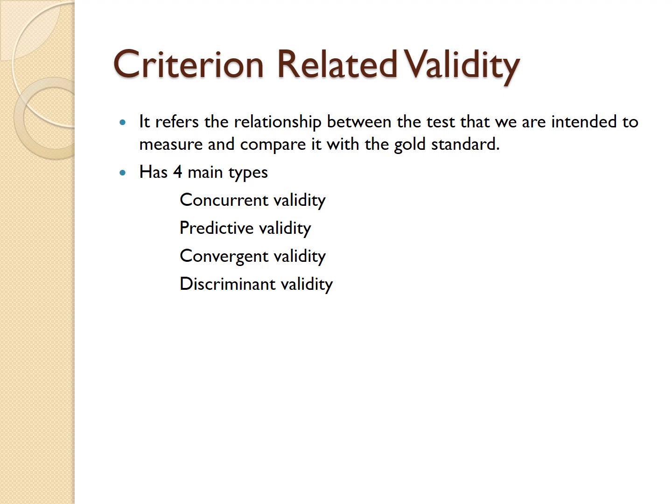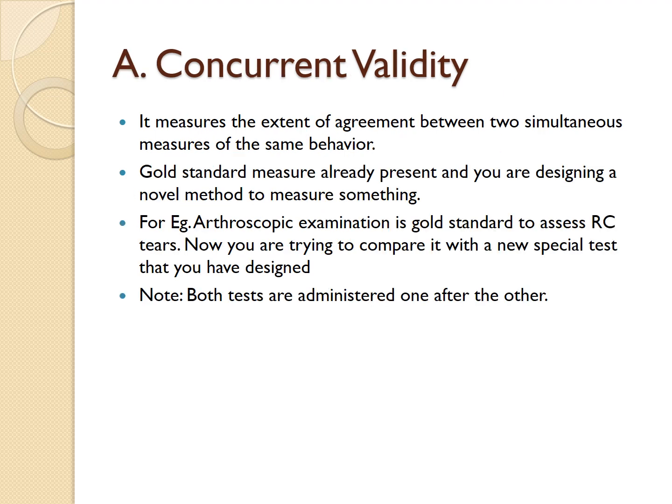It is usually determined by comparing two instruments' ability to predict similar outcomes with a single variable being measured. And it has four main types: concurrent validity, predictive validity, convergent validity, and discriminant validity. We'll talk about all four of these. So let's go to concurrent validity.